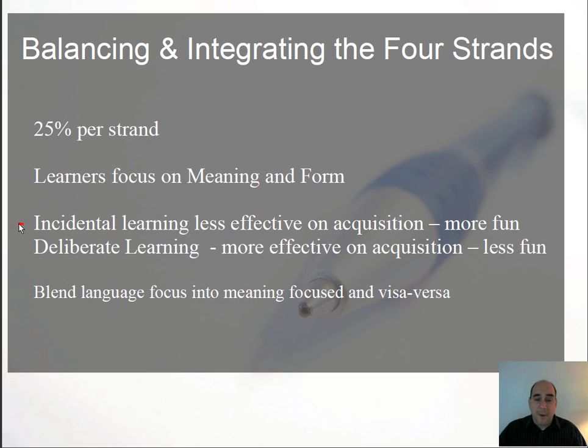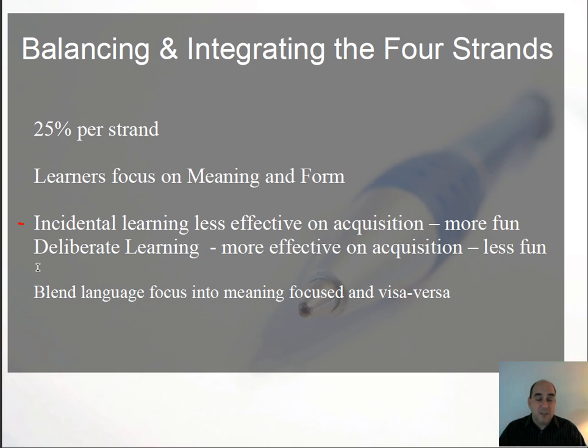Nation also talks about the idea of incidental learning, and these aren't his words, these are my words, but he indicates that incidental learning, for example, extensive graded reading, a lot of comprehensible input, is very important, but it also means that students learn less quickly. They put things into mid-term or long-term memory less quickly than if there was deliberate learning.